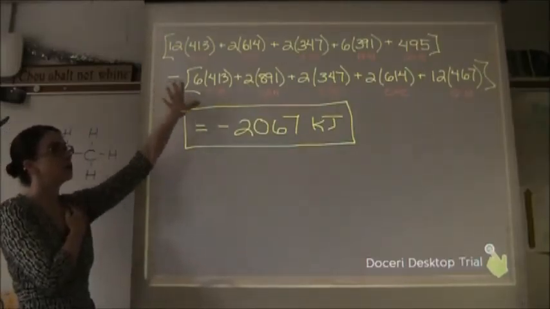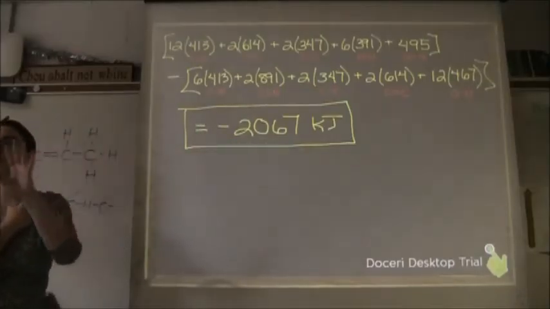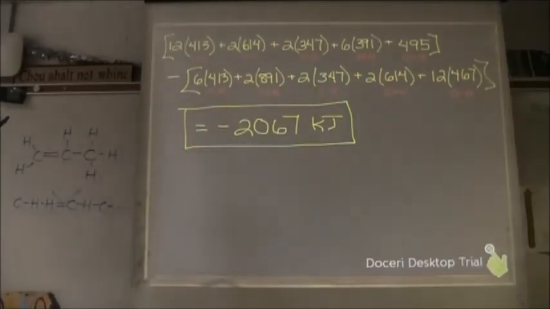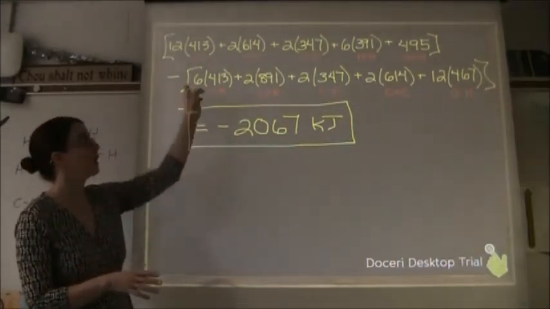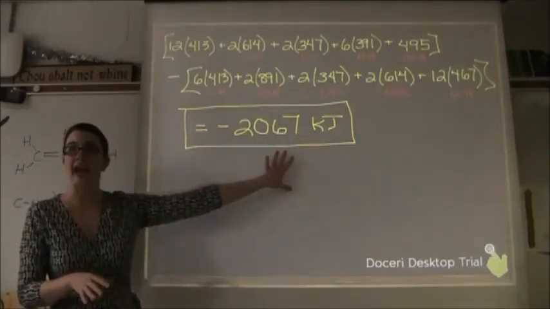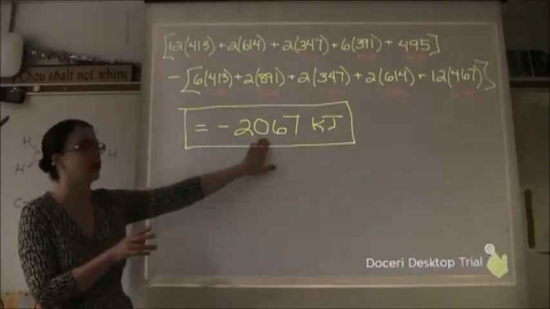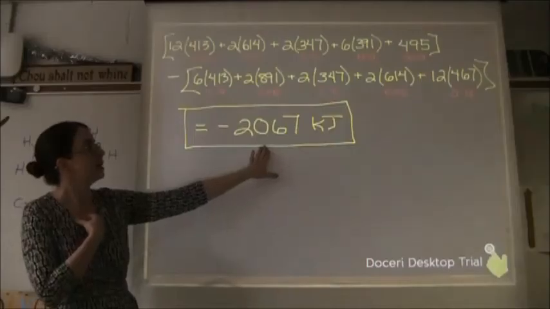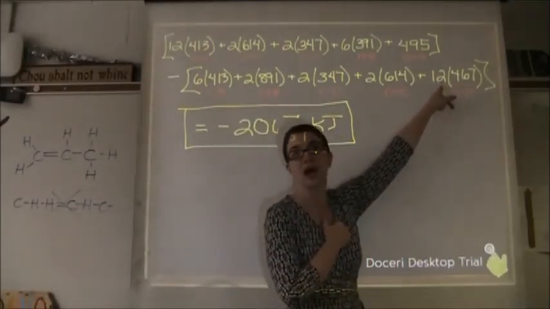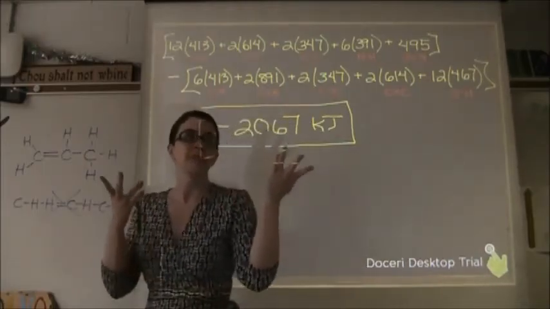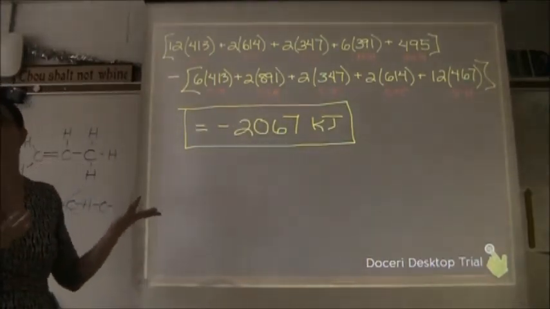But when you see a question like this, just slow down, take your time, stay organized, and as always, if you're really good about showing your work, and I can see that the reason your answer is different from mine is because you have the number 6 here instead of 12, minus a half a point instead of 10.